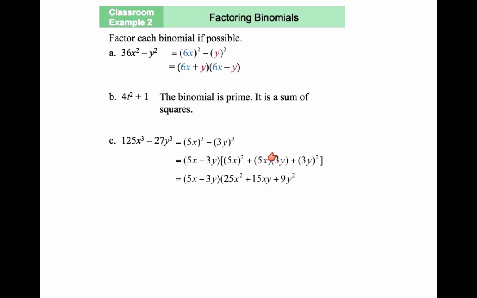And the middle term is supposed to be the product of the first term and the second term. So 5x times 3y is 15xy. Remember, if this is a difference of cubes, the sign in the second parentheses is all positive, and that's exactly what we have here. So by just remembering the formula and finding the first term and the second term, we can easily factor a difference of cubes.